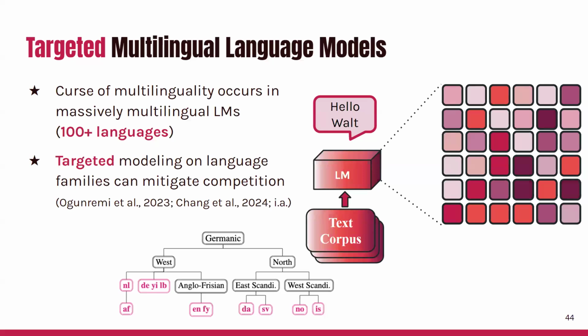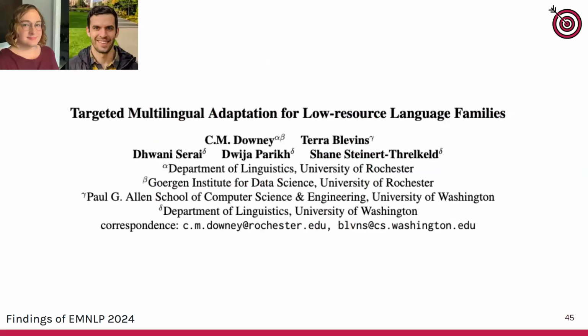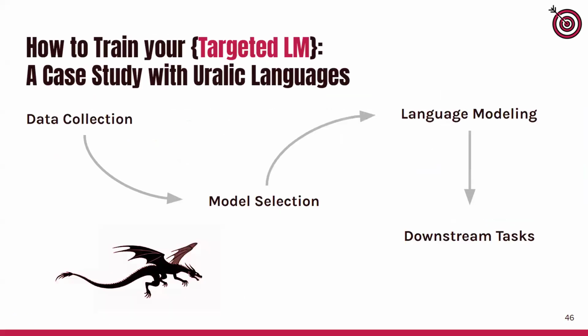And so this has been found to work really well by mitigating competition between diverse languages, instead training on languages that are more synergistic. And so in this work on targeted multilingual adaptation for low resource language families, we essentially perform targeted training for the Uralic language family as a case study, and then try and find best practices for doing this in the future.